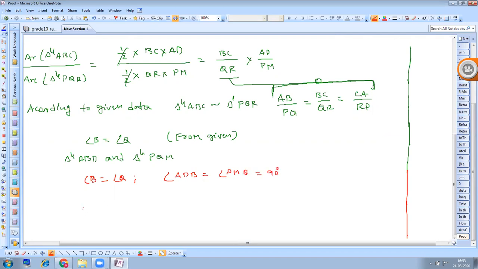So from here, triangle ABD is similar to triangle PQM from the AA similarity criterion.